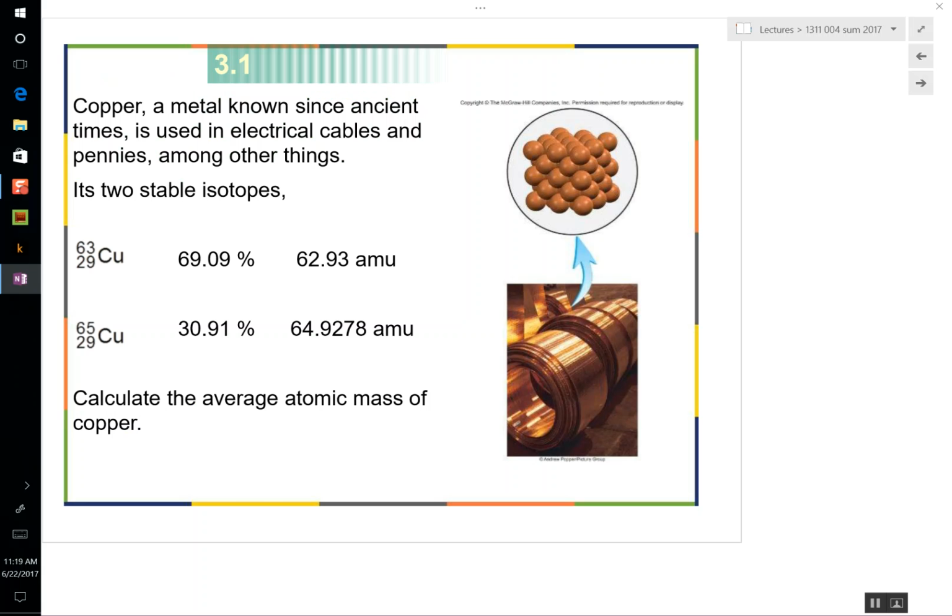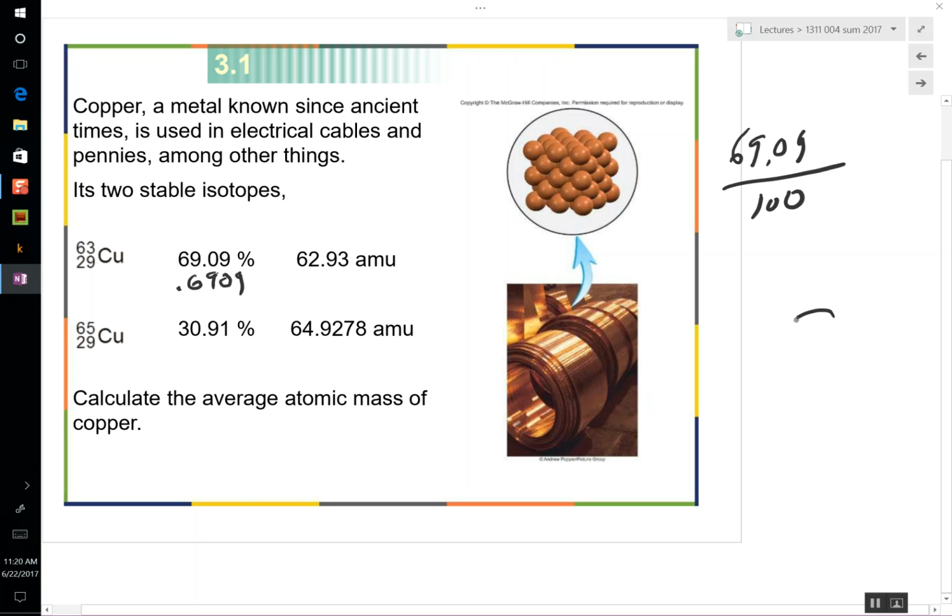Okay, good. So you're basically converting this percent into a decimal. What is a percent? 69.09 per 100. That's what percent is. Per cent, per 100. You get an 83 on an exam, you got 83 per 100, 83 out of 100.